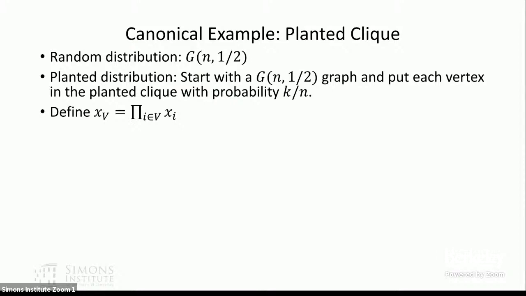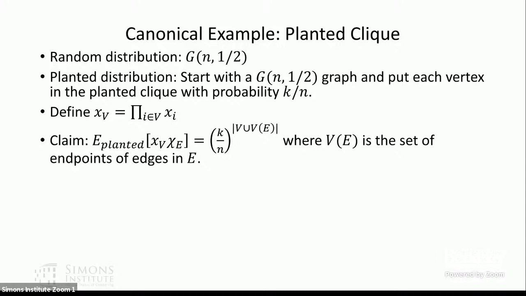Now, if we define x_V to be the product over i in V of x_i, so it's an indicator of whether all the vertices of V are in the planted clique. I claim that the expected value over the planted distribution of x_V times chi_E is (k/n) to the number of vertices which are either in V or are an endpoint of some edge in E.